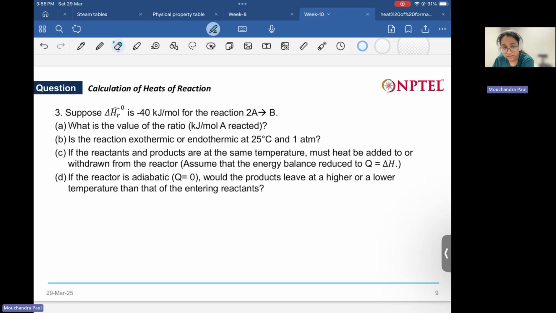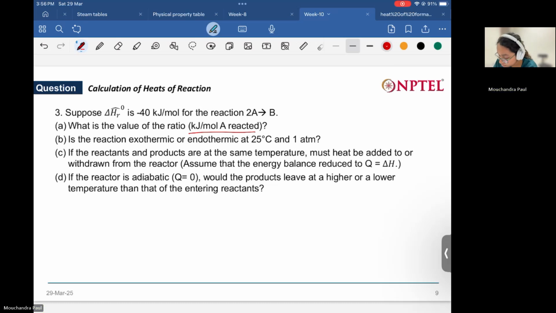Now let's solve a few more problems on the concept of heat of the reaction. Suppose delta H hat naught is minus 40 kilojoule per mole for the reaction 2A goes to B. What is the value of the ratio kilojoule per mole reacted per mole A reacted?